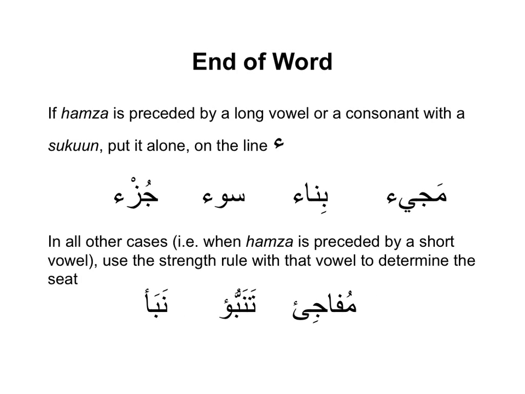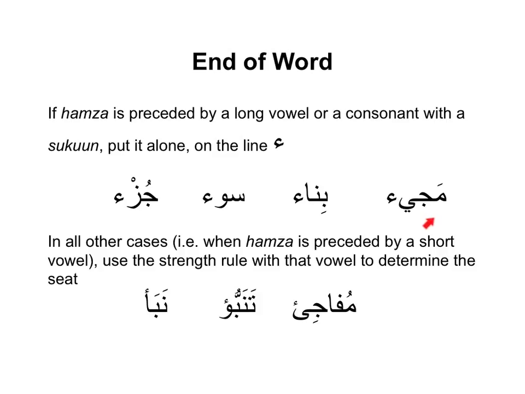The rules for hamza at the end of the word are a little different. The first rule is that if you have a long vowel followed by a hamza at the end, or if you have a consonant with sukoon followed by a hamza. In other words, if the thing that's right before the hamza is either a long vowel or a sukoon, and then the hamza comes at the end, you write it on the line without a seat.